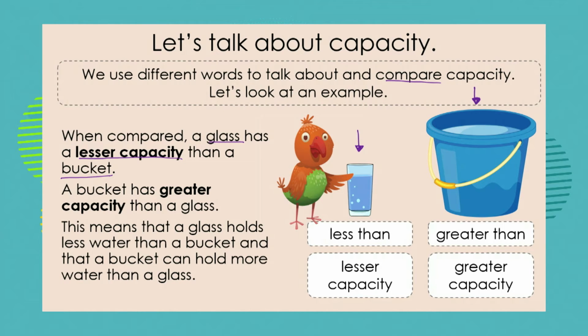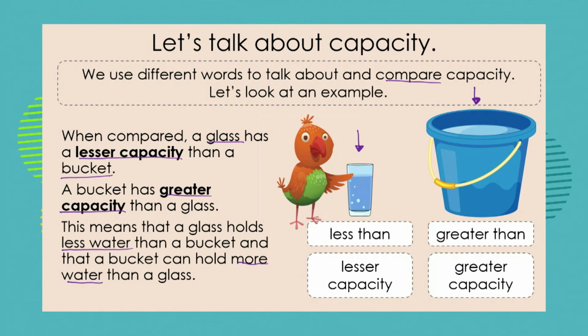If we have a look at the size of the glass and the bucket, we can see that the bucket is bigger, which will mean it can hold more liquid. So again, a bucket has greater capacity than a glass. This means that a glass holds less water than a bucket, and that a bucket can hold more water than a glass.